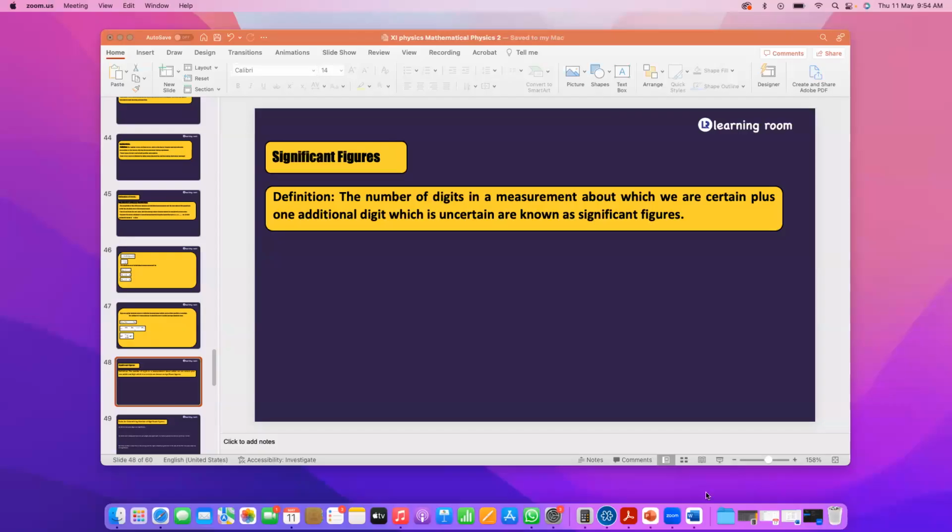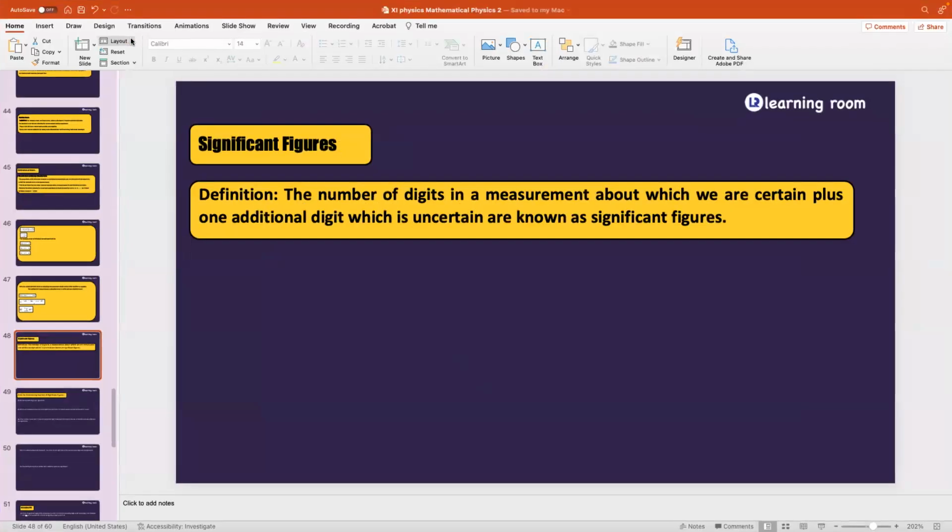Now also, is it the same case? Yes, sir. You're able to see my screen now?